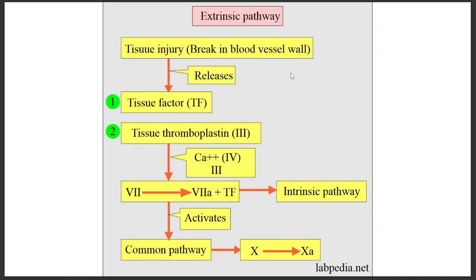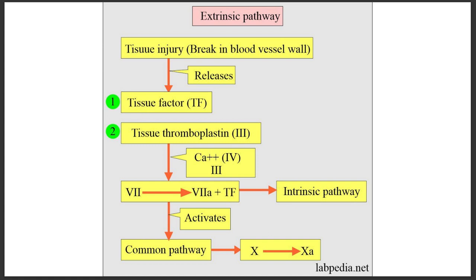So then what is going to happen? You have got a tissue factor that is going to be released when there is a break in a blood vessel, because this is coming from the outside anyway. You hurt yourself and then it breaks a blood vessel. So when the tissue factor has been released, the tissue factor is going to do something.